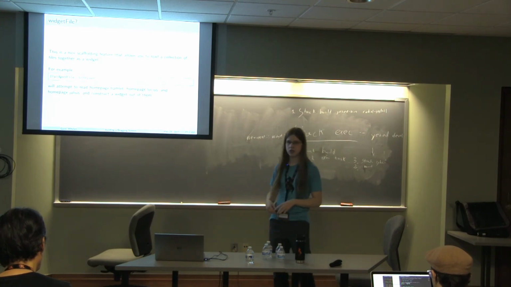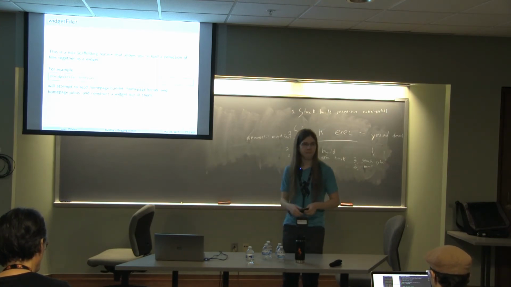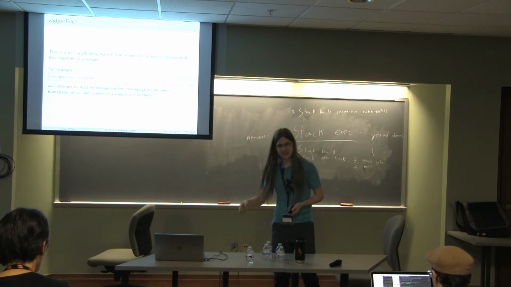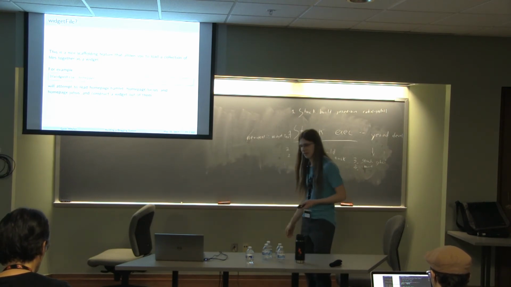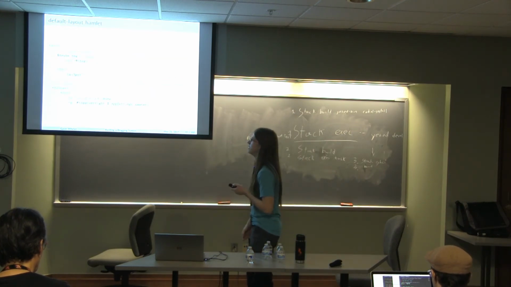So you don't need to do any toWidget calls. You don't need to load them each individually and do all that. So this saves you that, and this is just something in the templating. So yeah, it's really pretty convenient.